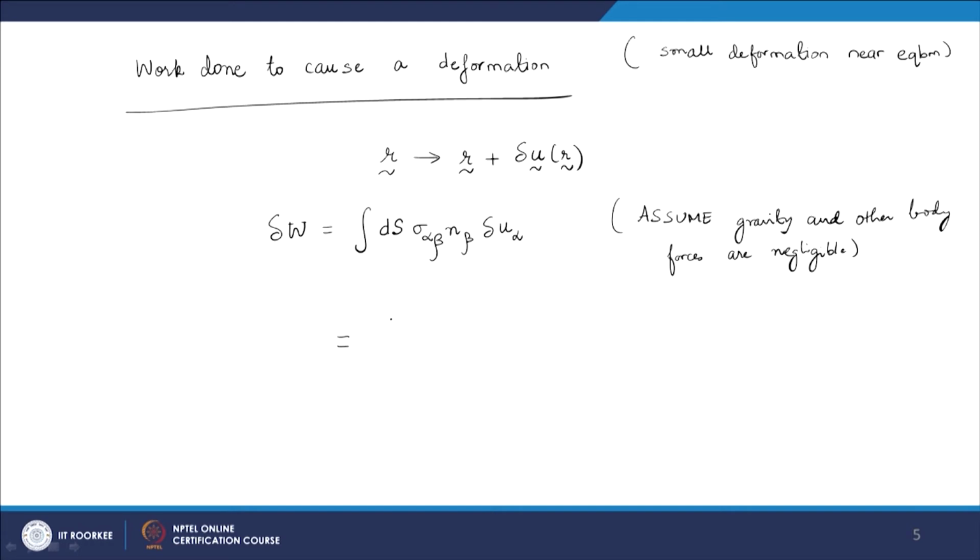I can replace the surface integration with a volume integration, and I would have something of this sort. Okay. So, now you can see beta and alpha both are repeated now, both of them become dummy index, which has to be the case because work done is a scalar quantity, it does not have the dimensions.